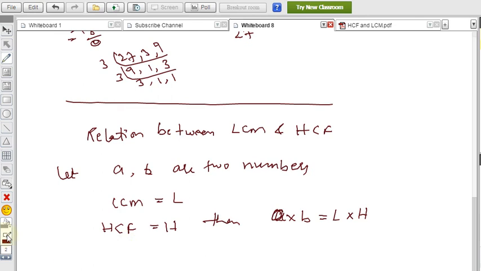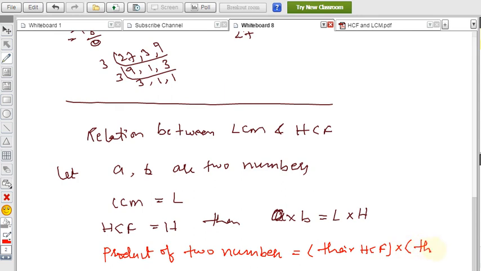So the formula I can write like this: product of two numbers is equal to their HCF into their LCM.